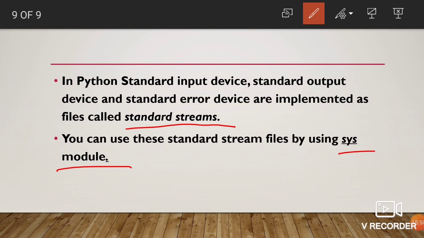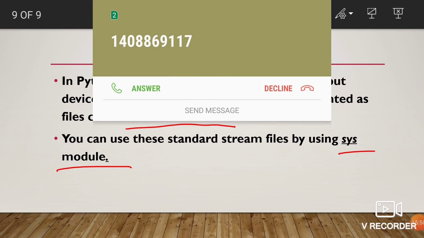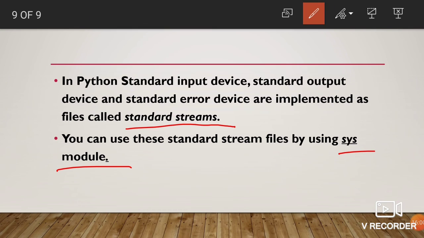Okay, so for the standard input device we use STDIN, for the standard output device we use STDOUT, and for the standard error device STDERR. These STDIN, STDOUT and STDERR are the files which are implemented in Python, and they are called the standard streams.